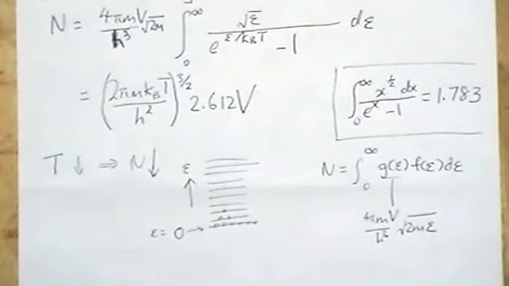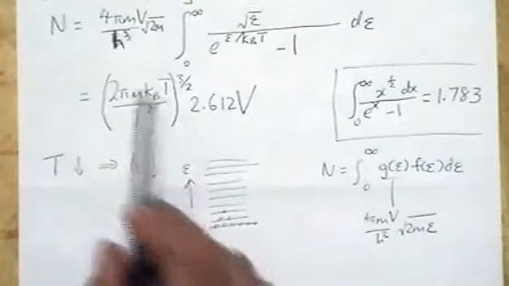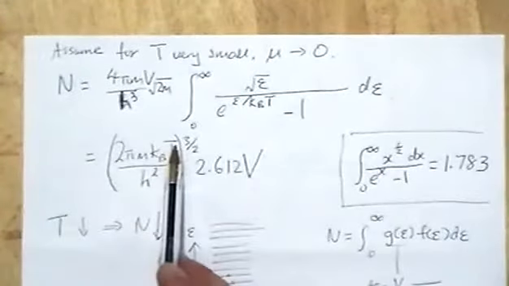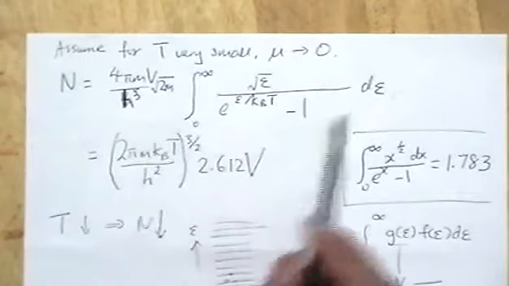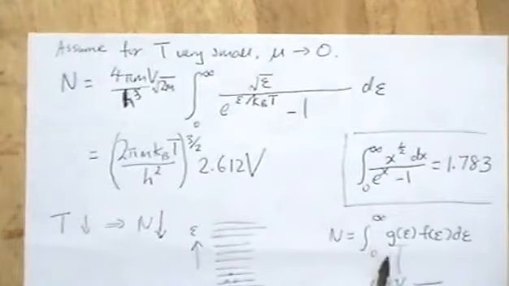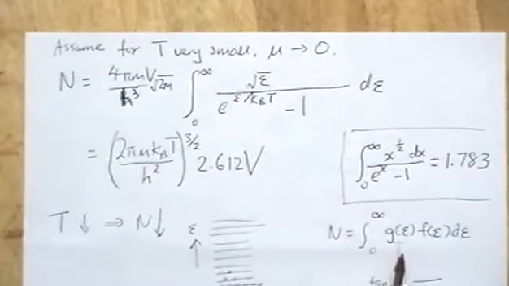And in this way, with this understanding, we can explain why this number n decreases, because this number n is really this integral that we are talking about, which is actually this one, with the mu set to 0 at low temperature.